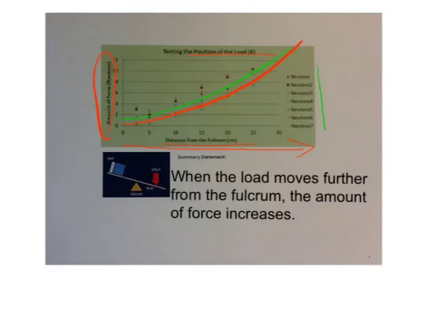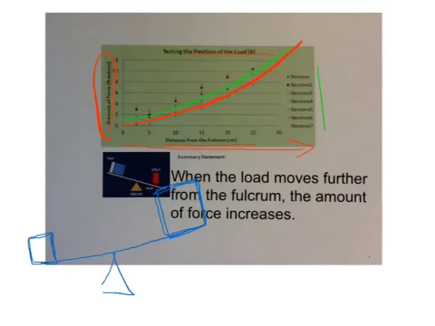The most common class 1 lever that we are familiar with is a teeter-totter. So let's say you are on one end of the teeter-totter, and you have a friend on the other end who is larger or weighs more, and you're struggling to lift them.